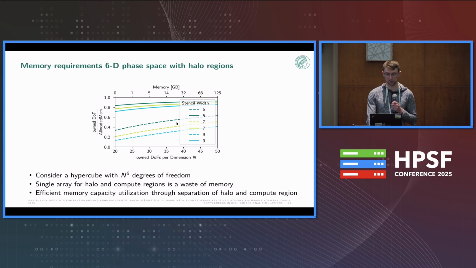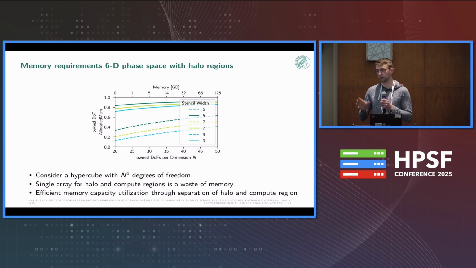These are the dashed lines here, for stencils where we integrated the halo regions into the main computational domain. For a 5-point stencil this goes to only about 50% if we consider a hypercube with 35 to 45 points, and that would already be 14 to 66 gigabytes, in the range of some of the vendor GPUs at the moment. So we can't really include the halo regions in a single array.